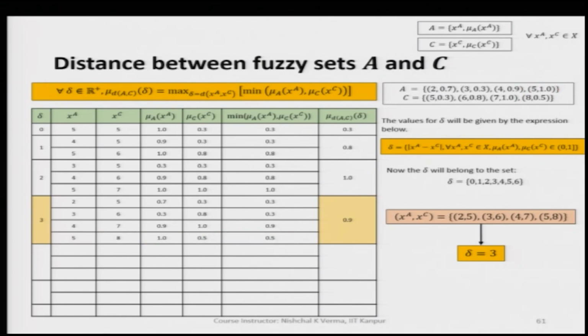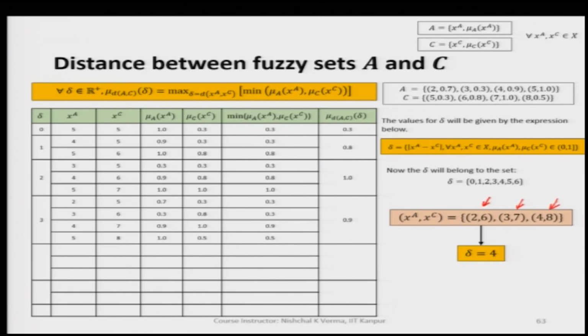Similarly, let us go ahead and find all those pairs which are responsible for generating the difference delta equal to 4. Let us see how many pairs there are. There are 3 pairs: first 2, 6, then 3, 7 and 4, 8.